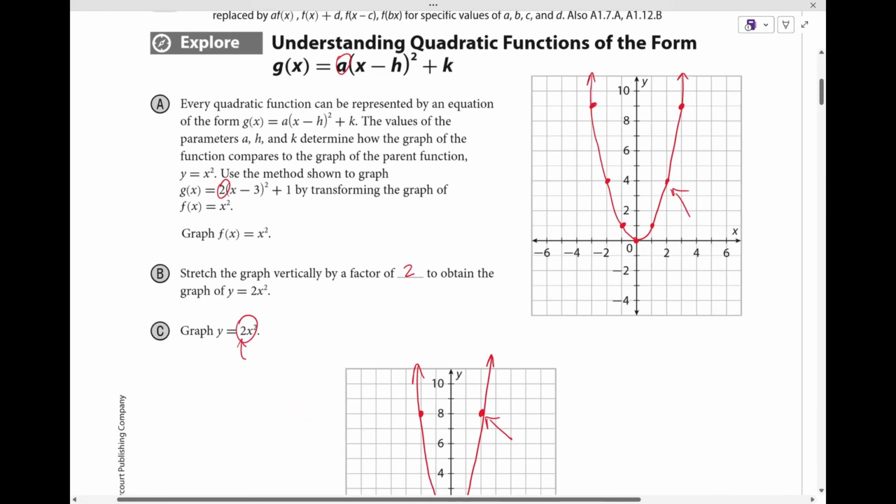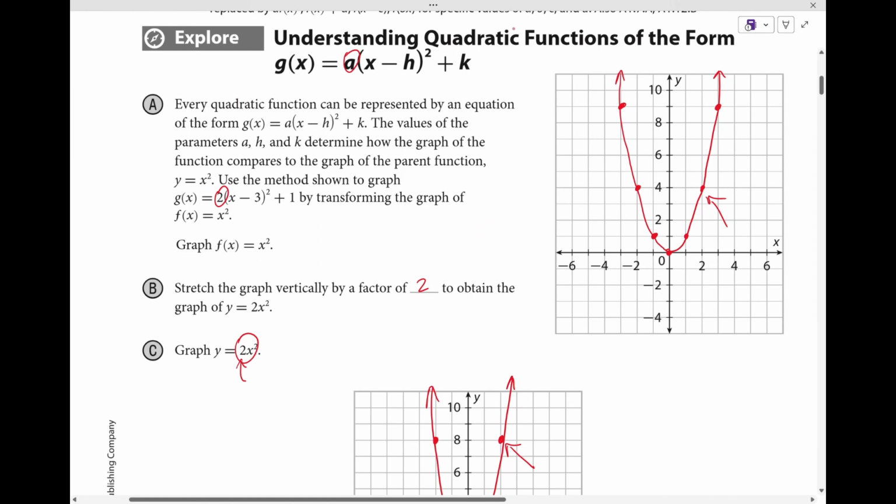Alright, here they had (x minus 3) squared plus 1. So my h value is not going to be -3, it's going to be 3. My k value is going to be 1. That means I should expect my vertex to be at the point (3, 1), h and k.